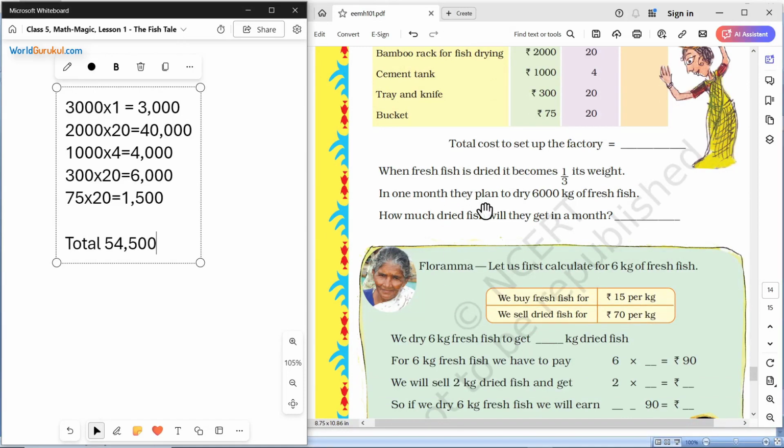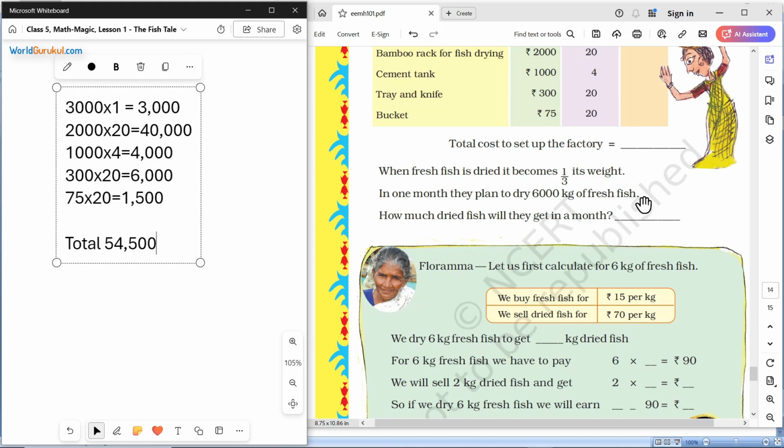So when the fish is dried, it becomes 1/3 its weight. Means 3 kilos if you dry, they will be 1 kilo after drying. In 1 month, they plan to dry 6,000 kg of fresh fish.